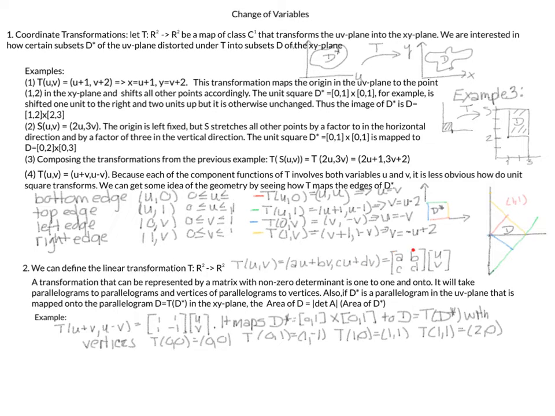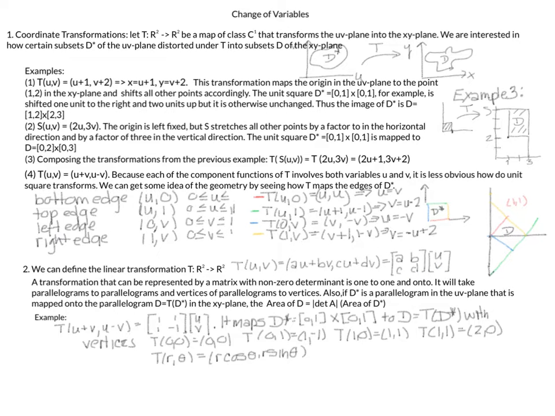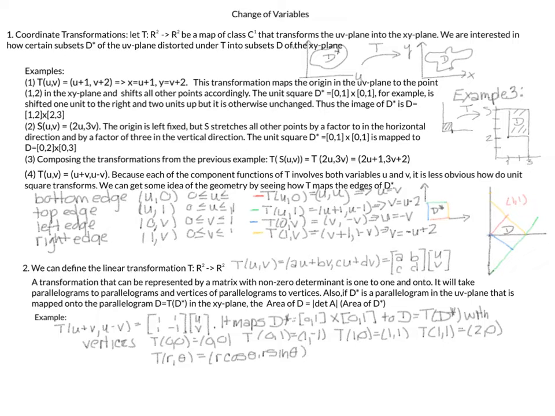And then this can be represented by a two-dimensional matrix here, and you multiply by your u, v to get a times u plus b times v for your first coordinate, and your second coordinate is going to be c times u plus d times v.